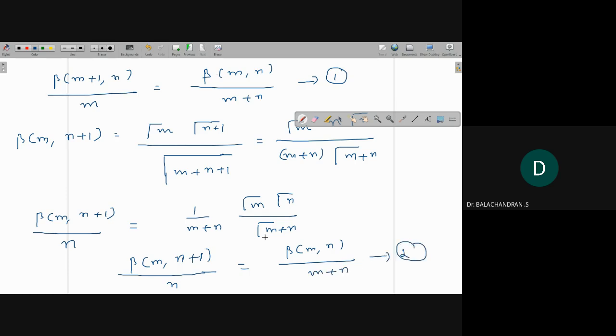From 1 and 2, the right hand side of 1 and 2 are the same, and hence the left hand side is also the same. So from 1 and 2, we get the required result. I think I will write, please check it.